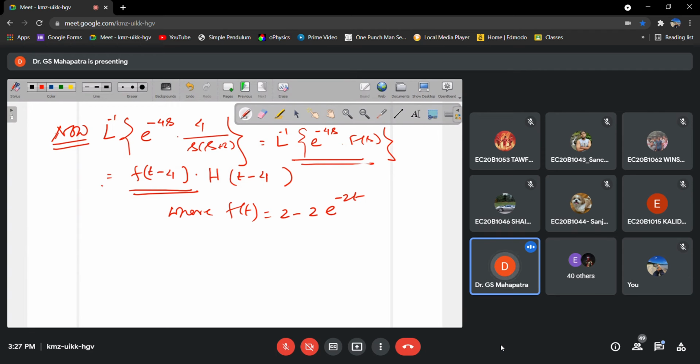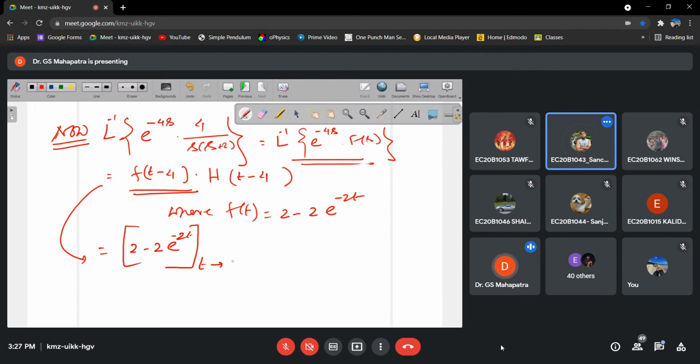So what will be the answer? 2 minus 2 into e to the power minus twice t, where t is replaced by t minus 4. That one we have already discussed earlier: h of t minus 4.